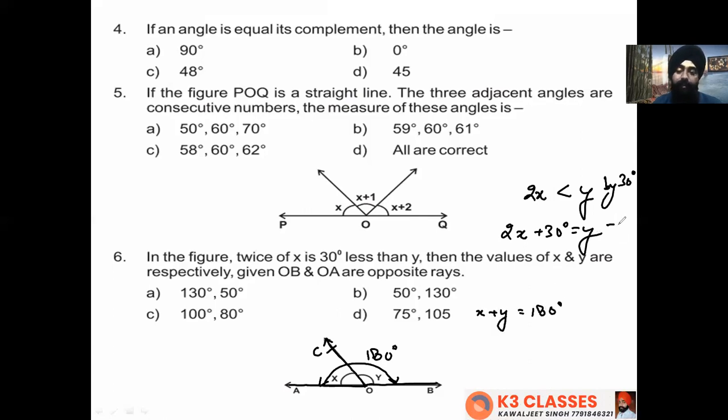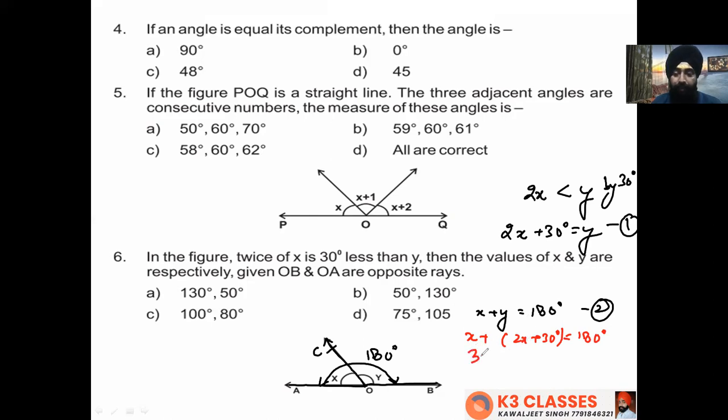So now we have two equations. First one is 2x plus 30 is equal to y, and second is x plus y is equal to 180. Using the first equation, we substitute the value of y in the second equation. So x plus 2x plus 30 is equal to 180 degree. That is the substitution method.